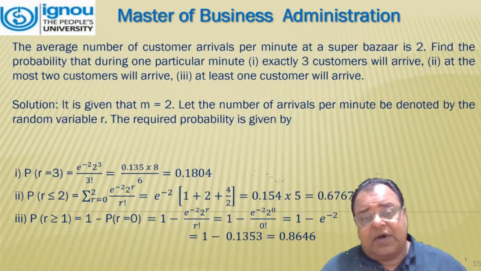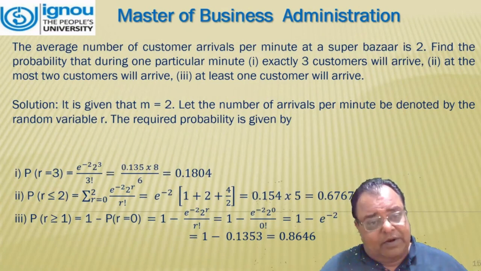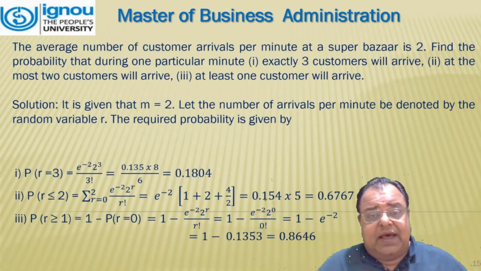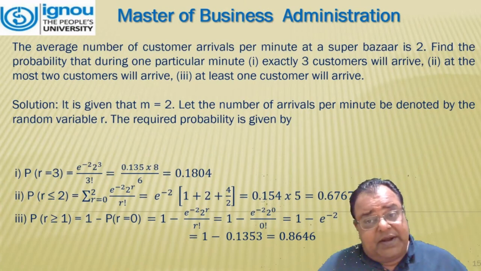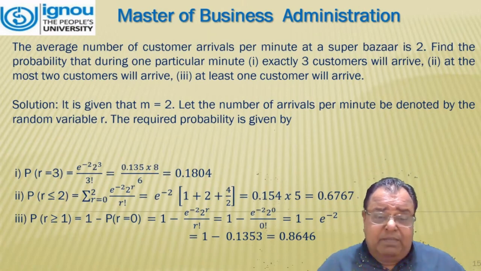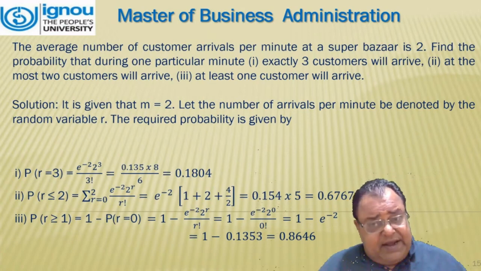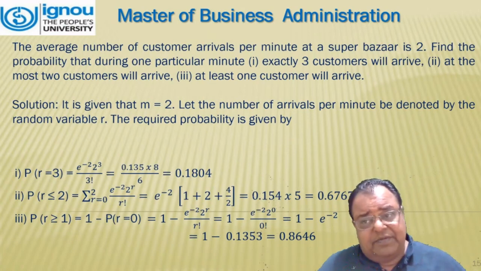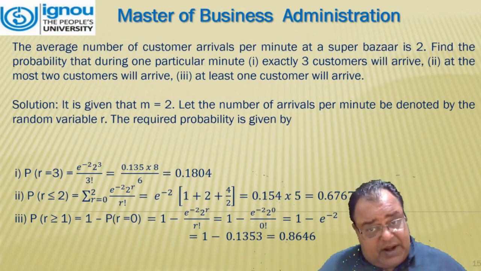Now we move to a problem of another kind. The average number of customer arrivals per minute at a super bazaar is 2. Find the probability that during one particular minute, exactly 3 customers will arrive. The second part is at most 2 customers will arrive.